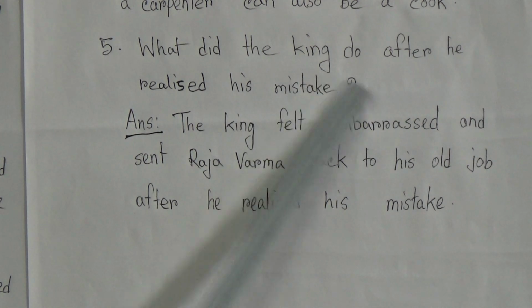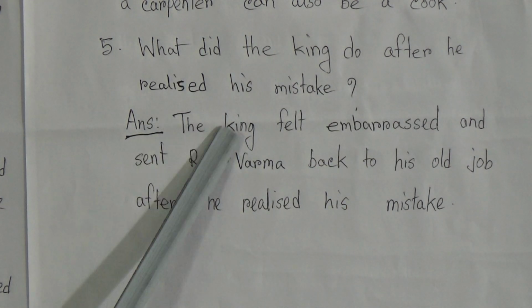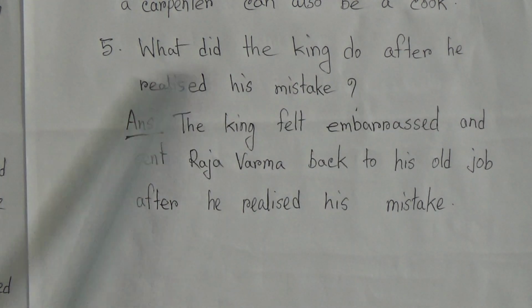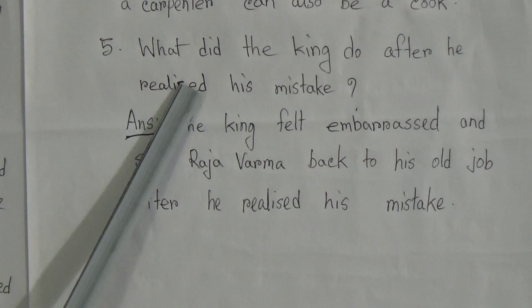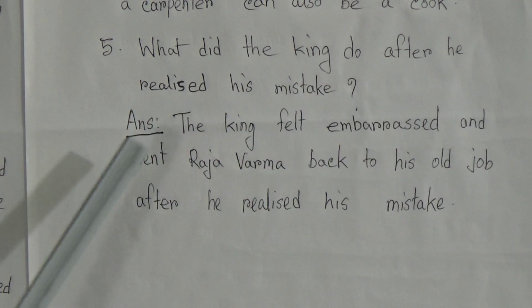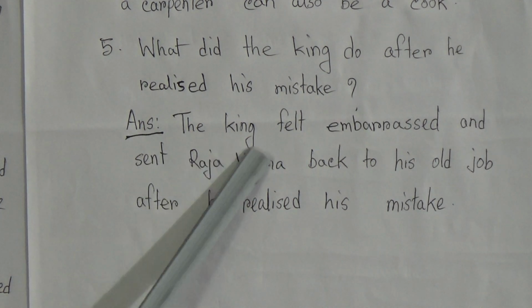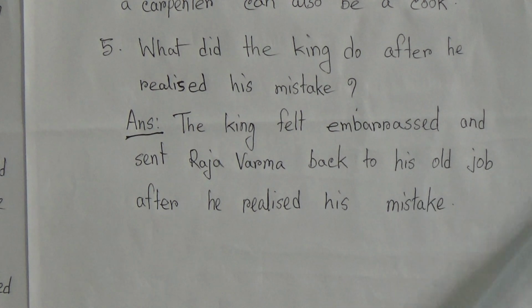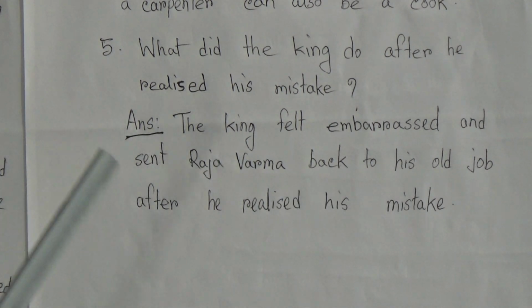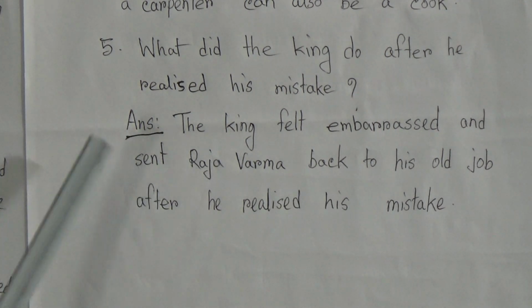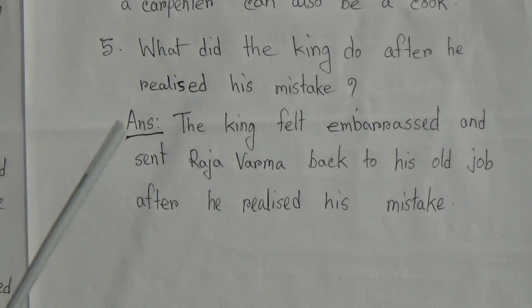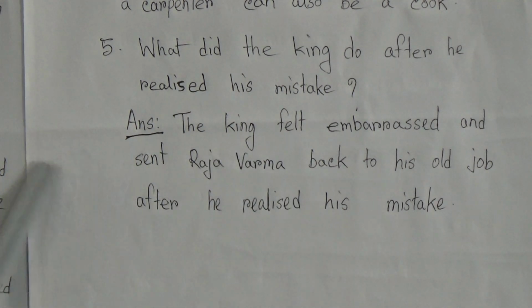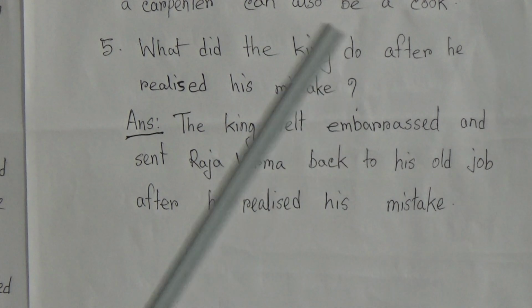Let's see the number 5 question. What did the king do after he realized his mistake? The answer is, the king felt embarrassed and sent Raja Varma back to his old job after he realized his mistake. After Raman made him realize what he had done, the king felt embarrassed.